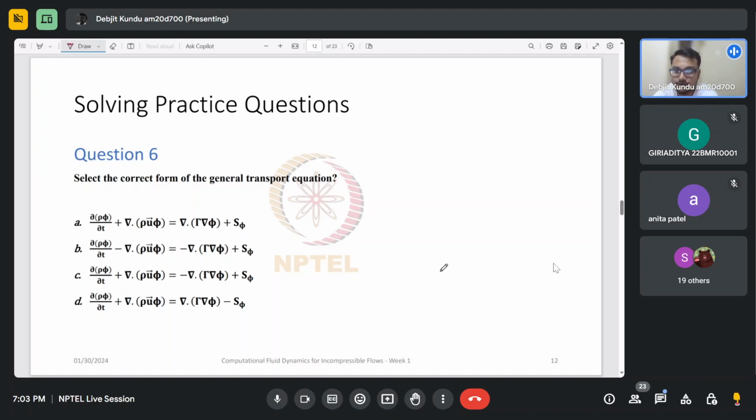So basically there are four terms: dou dou t of rho into phi, plus the divergence of rho u phi, equal to the divergence of some gamma into again the gradient of phi, and S phi, which is the source term.